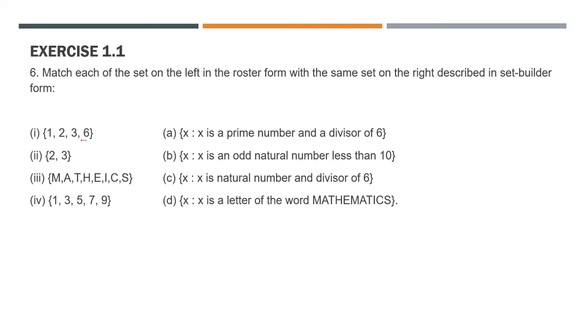Here 6 is not a prime number, so we cannot choose A. Next option B is the set of all x such that x is an odd natural number less than 10, also not applicable. Next we will see C, the set of all x such that x is a natural number and a divisor of 6. So this is the value, the correct option for the first one is C.